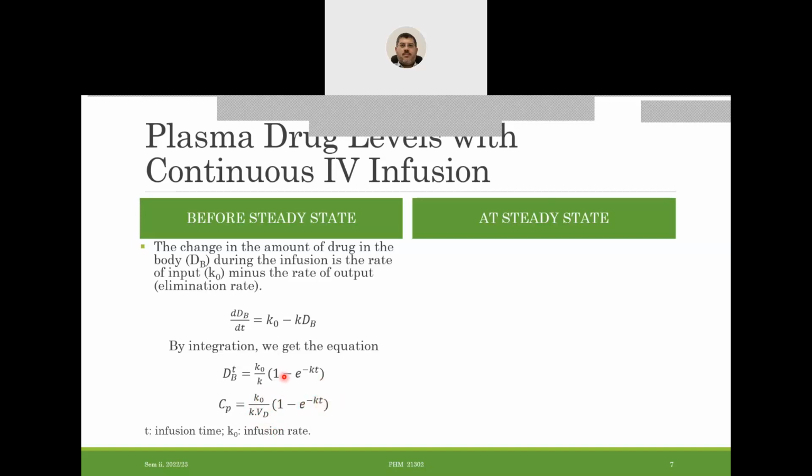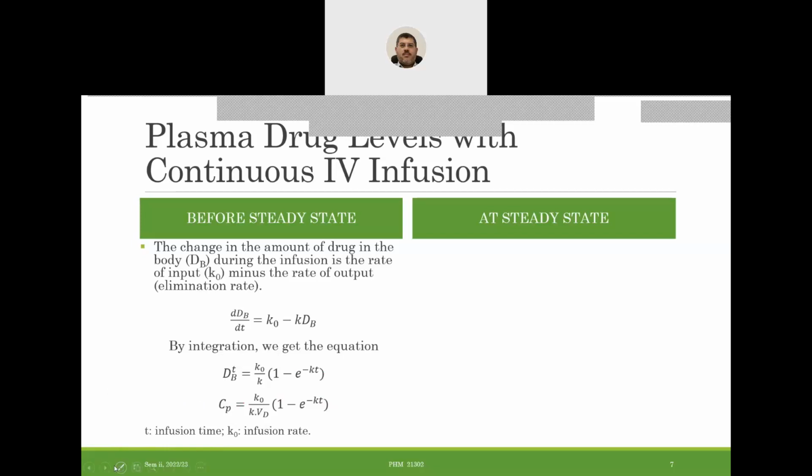The question is now, if you look at this equation, this is a fraction, right? This is not an integer or whole number. So you multiply this amount by 1 minus the fraction. Then with time, what happens to this fraction?